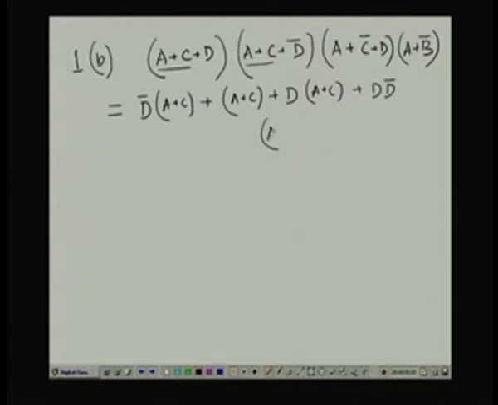So, this will be A plus C bar plus D and A plus B bar.